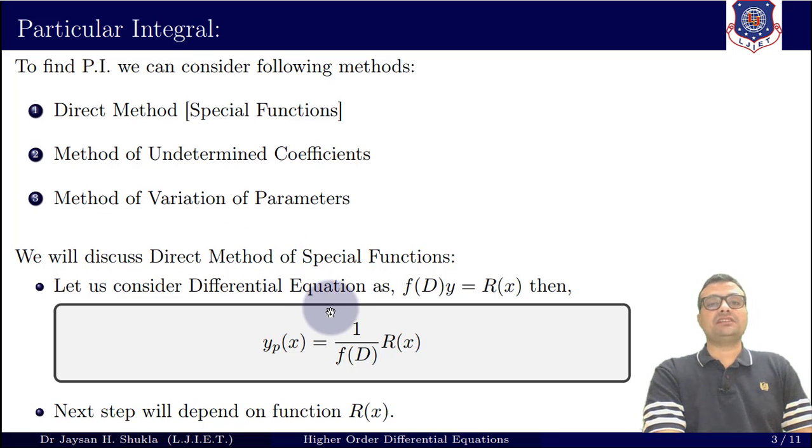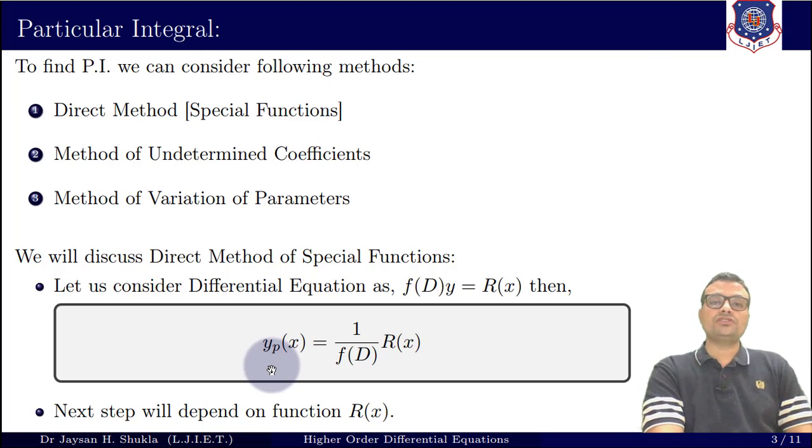So how to find the particular integral? For that I am considering again the operator form f of D y equal to r of x, and consider this y as a particular solution. So it gives you yp as 1 upon f of D times r of x. Yp indicates the particular solution in the general solution. And now it depends on this function r of x.